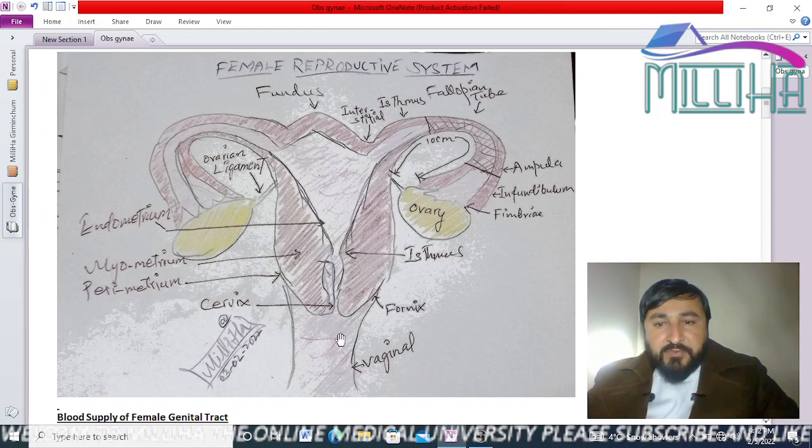This part is the vagina. The finger-like projections of the fallopian tube are called the fimbriae. Okay, so we have written here. You can take a screenshot of this. This is the fallopian tube, ampulla, infundibulum. This part is called the infundibulum.